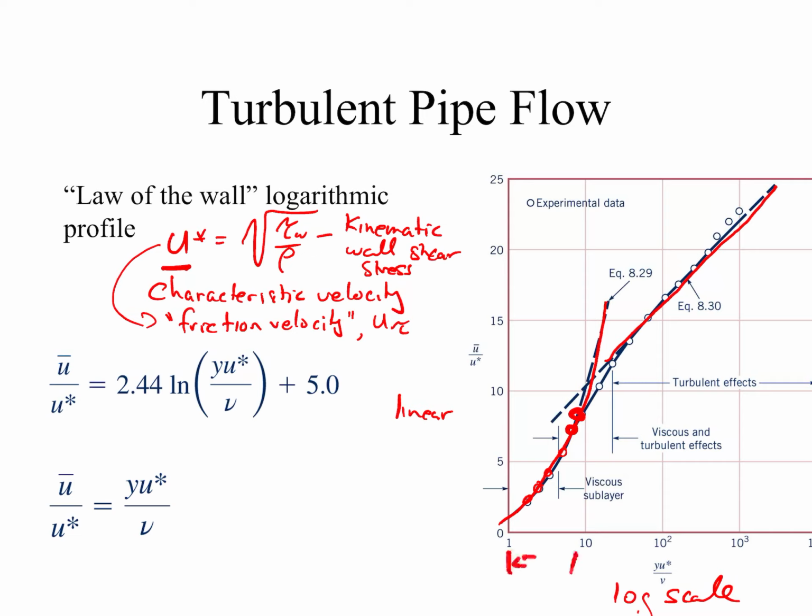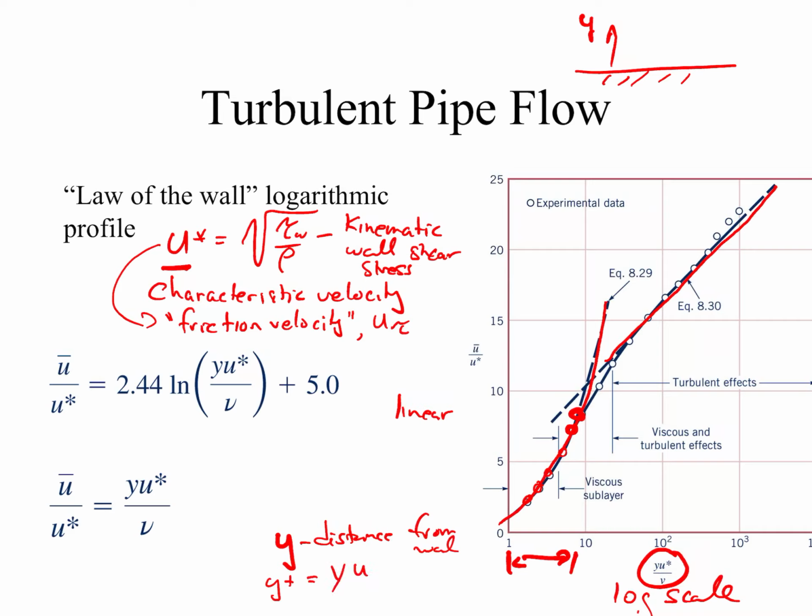One is for very, very close to the wall, and you can see that it's non-dimensionalized. y is the distance away from the wall, and y plus is a non-dimensional distance away from the wall, which is y times u star divided by nu. You can do classical dimensional analysis, like you've done with Buckingham pi, to determine that y plus is the correct wall-normal dimension. So that's what we're going to have here.